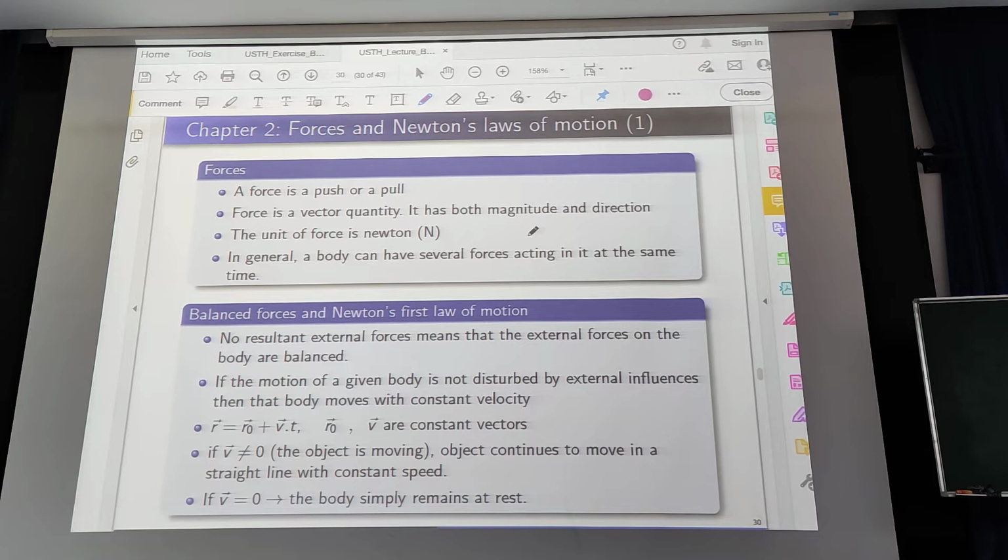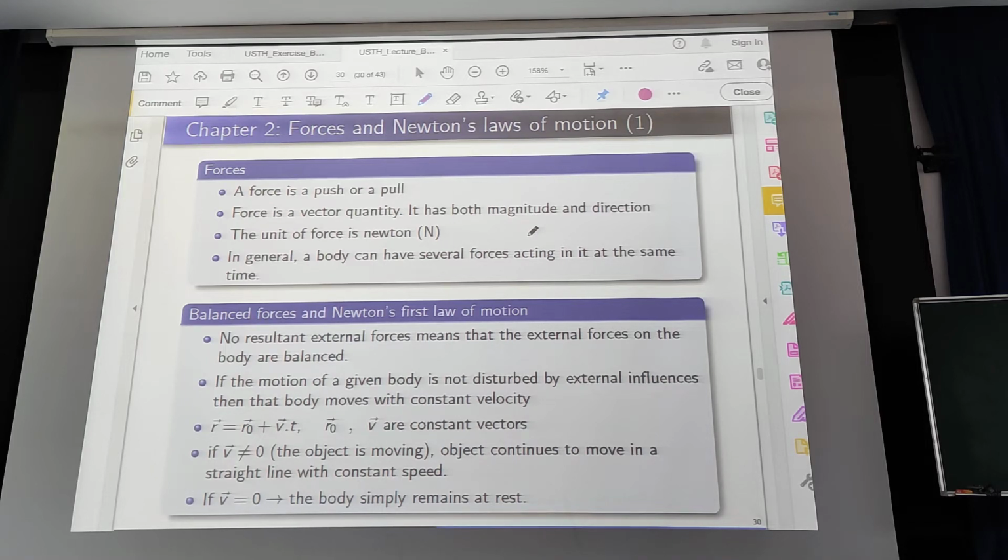So what is the force? The force is something to push, or to pull. So you can push the person beside you, you push here or you pull. That is the force. And the force is a vector quantity.